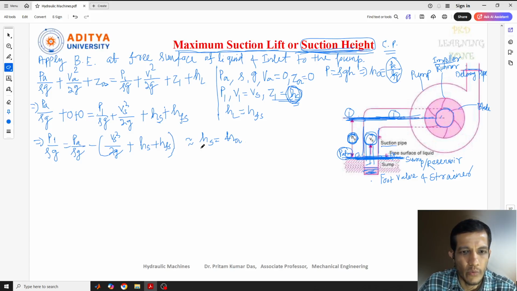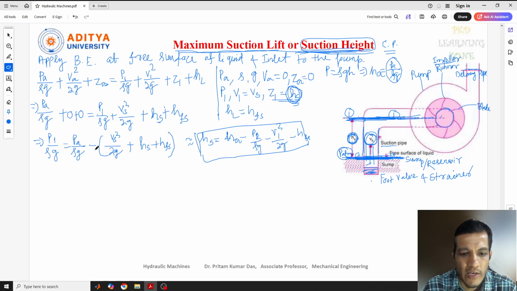So HA minus P1 by rho g, minus V1 square by 2g, or VA square by 2g, and minus HFS or HL. Some books will give it like this. Both are correct, there is nothing wrong in this.